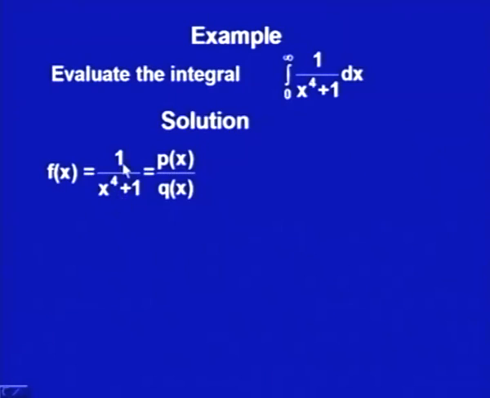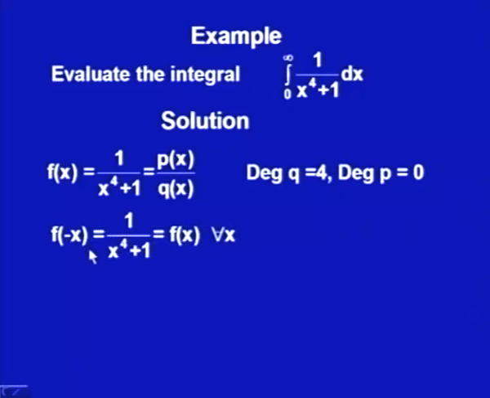So, we do satisfy the condition that the denominator should have degree at least 2 higher than the numerator. Moreover, there is no term which is common to each other. Moreover, the x⁴ + 1 does not have any real zeros, and we do have that f(−x) is same as f(x) for all x.